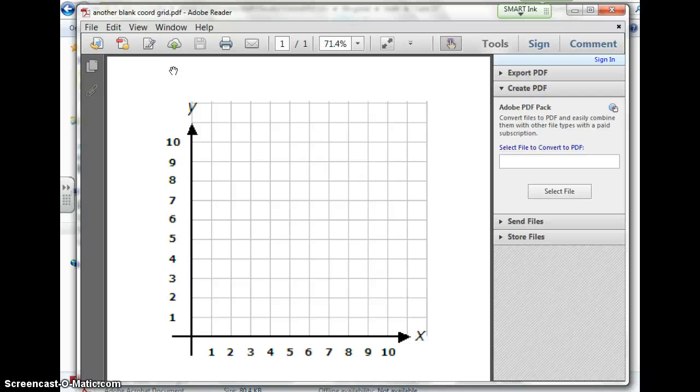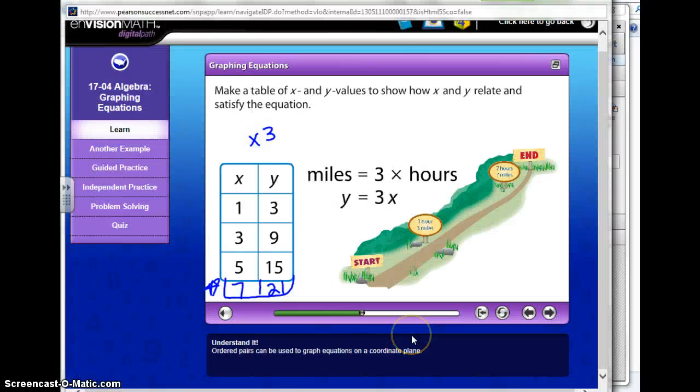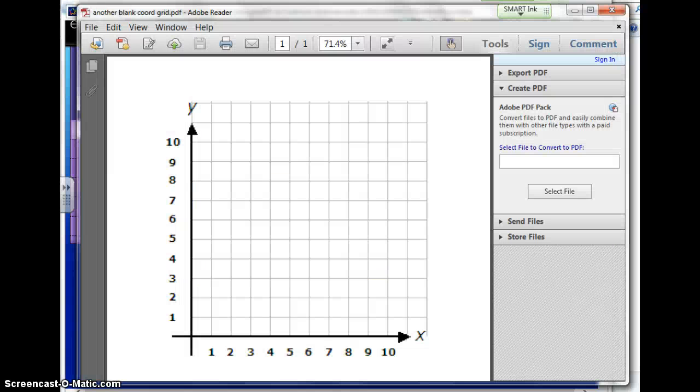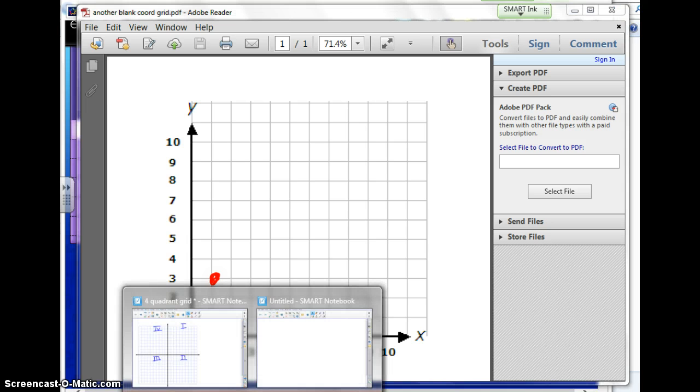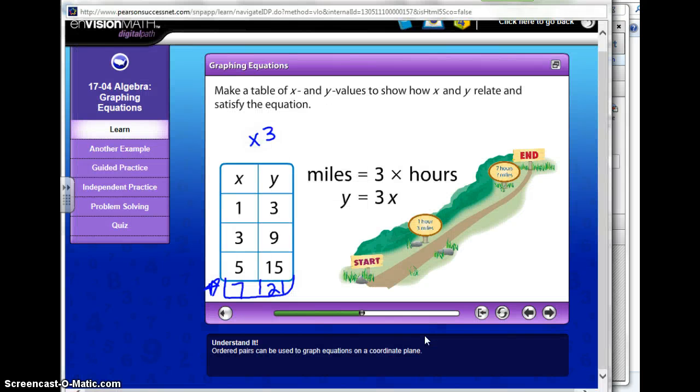So if we have something that looks like this, we can go back now and we can plot 1 and 3. 1 over, 1 up 3. What was our next one? Do you remember? 3 and 9.